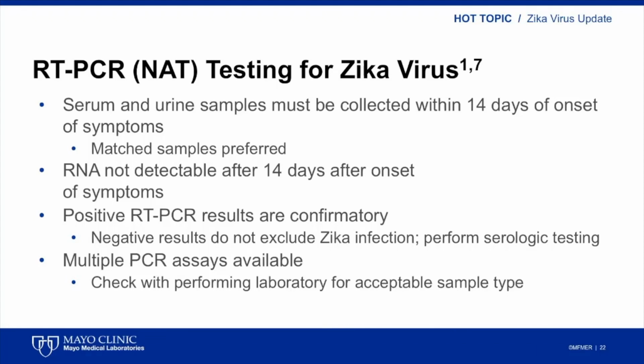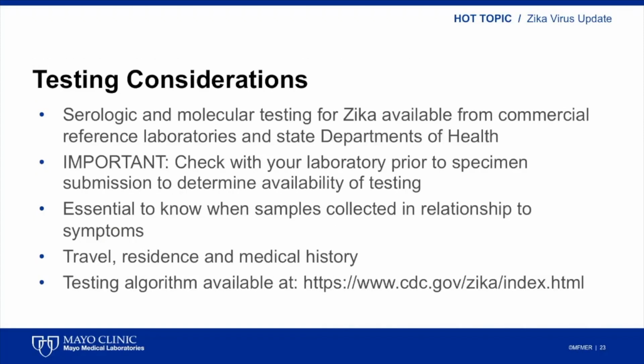There are now a number of molecular tests from different manufacturers that have obtained emergency use authorization from the US FDA for Zika diagnosis. Generally speaking, testing can be performed on serum, plasma, or urine. Here are some factors to consider if your laboratory needs to pursue Zika virus testing.